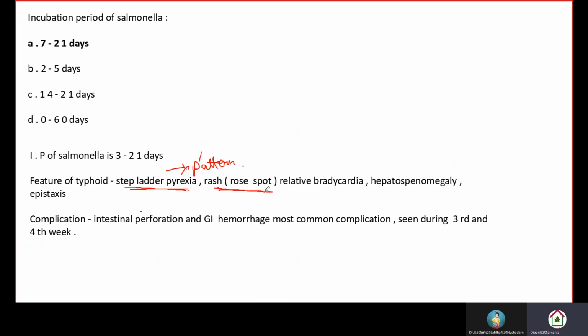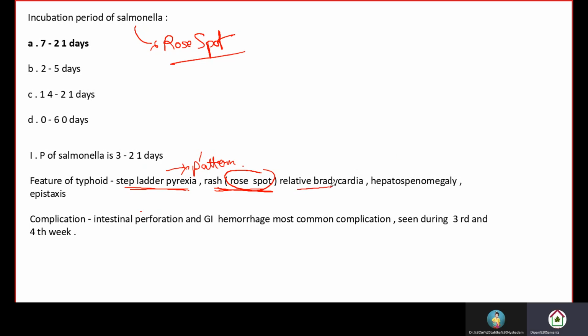Then very important, rose spot. Like in measles, Koplik spot, here in Salmonella typhoid, rose spot.